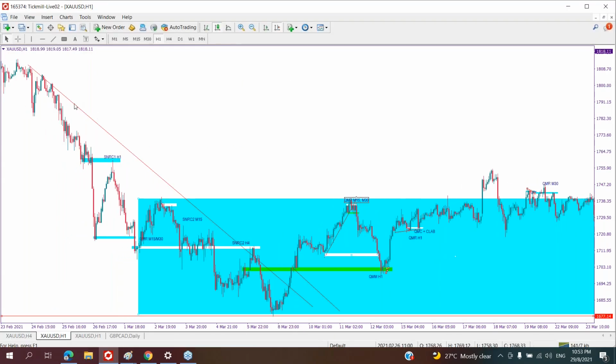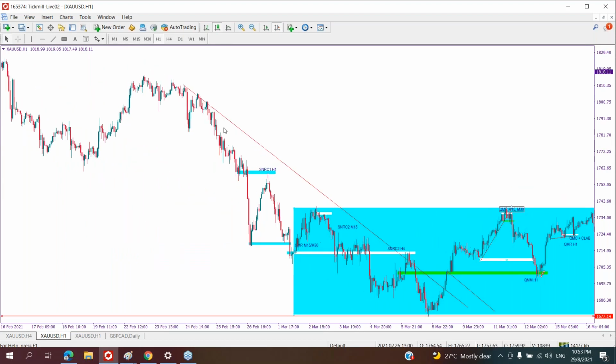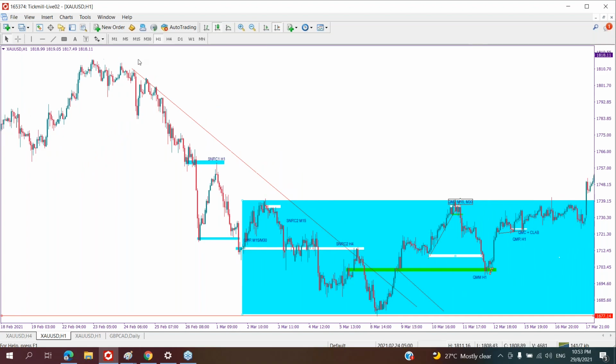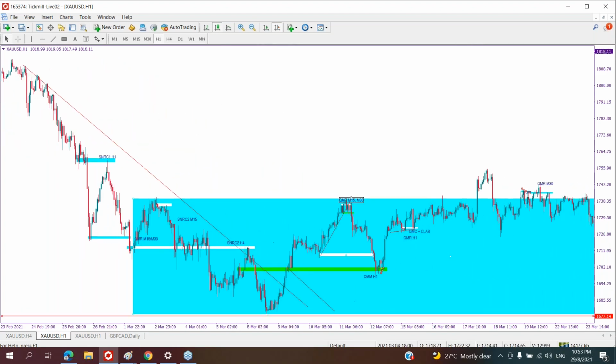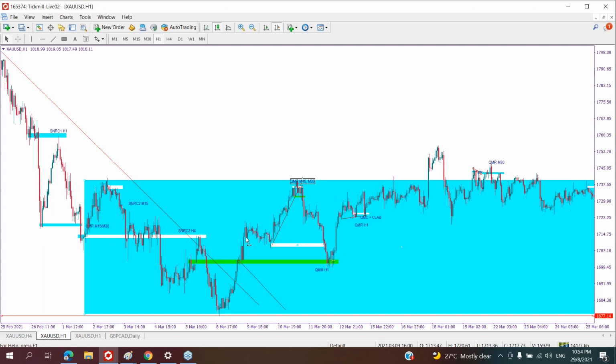If QMR is in an uptrend, like here, yes, we can consider selling. But here price is in a demand zone, and we should buy in a demand zone, but instead the price makes a false setup in the demand zone.